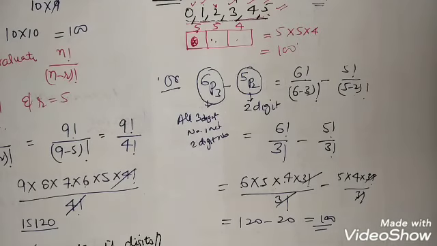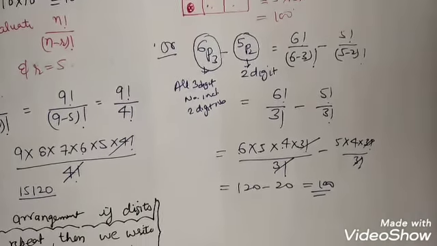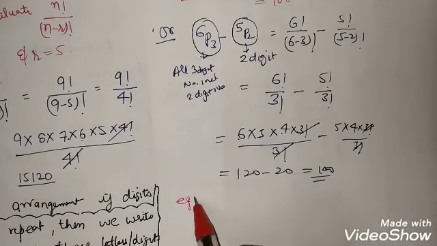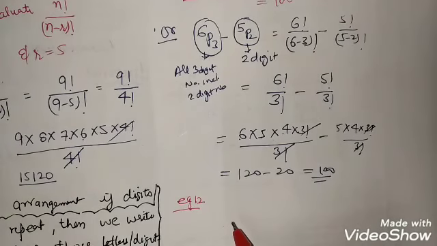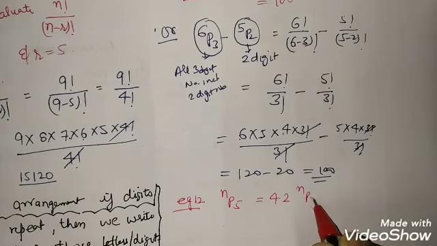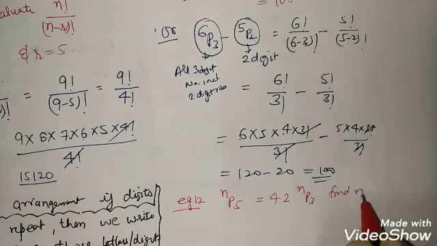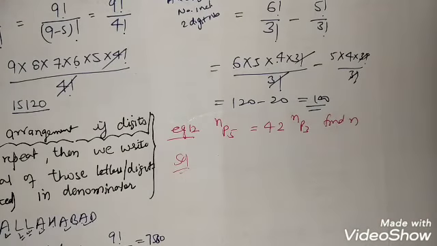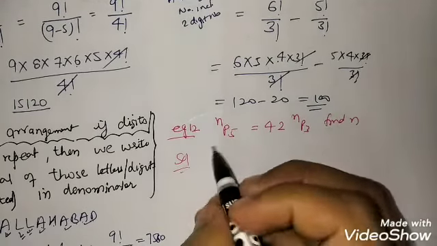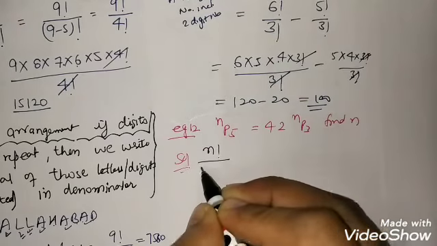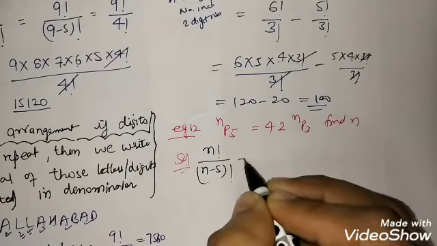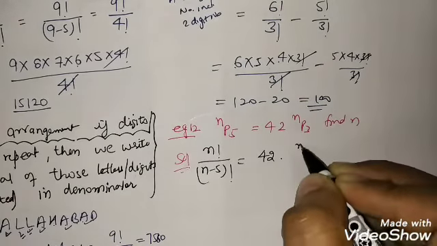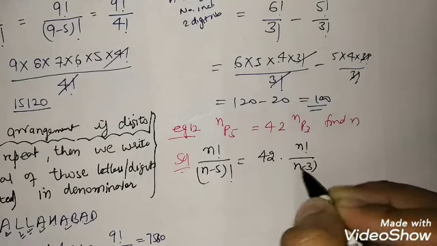Example number 12. What does the question say? Find n if nP5 is equal to 42 times nP3. You have to use the pure permutation formula here. This is n factorial upon n minus 5 factorial equal to 42 times n factorial upon n minus 3 factorial.